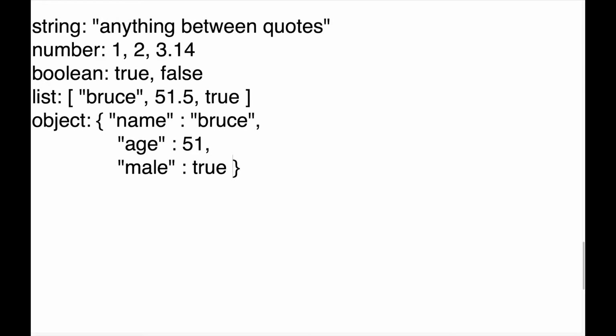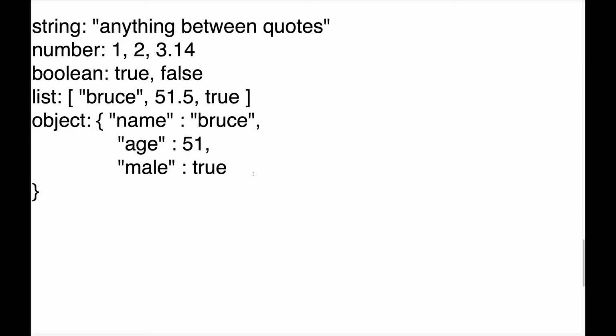So this is all you need to know to understand JSON. Now, there's one funky thing you can do: any of these things are basically JSON atoms, including the list and including the object, which means I can do things like this. Let's say I want to make a new key here.